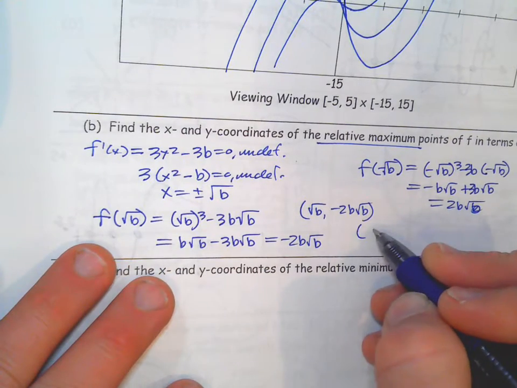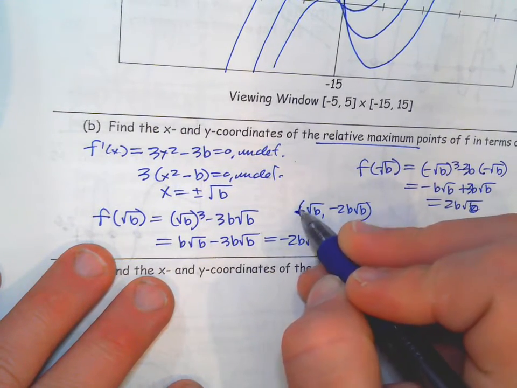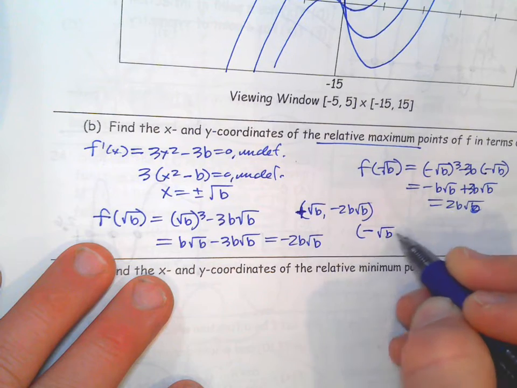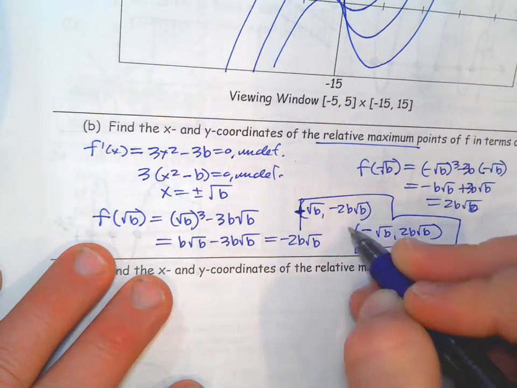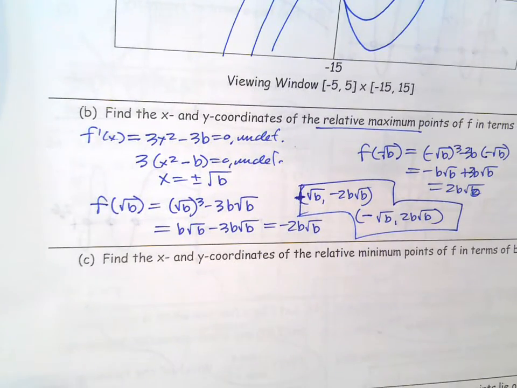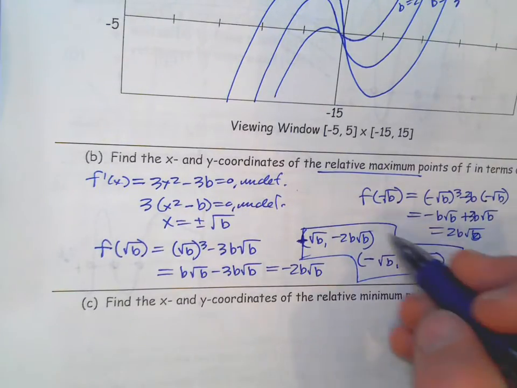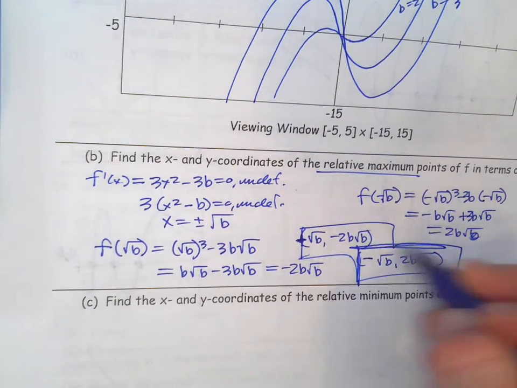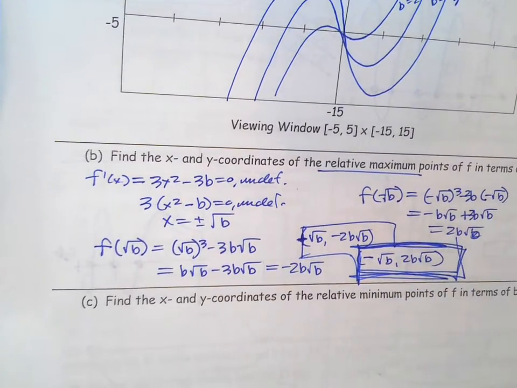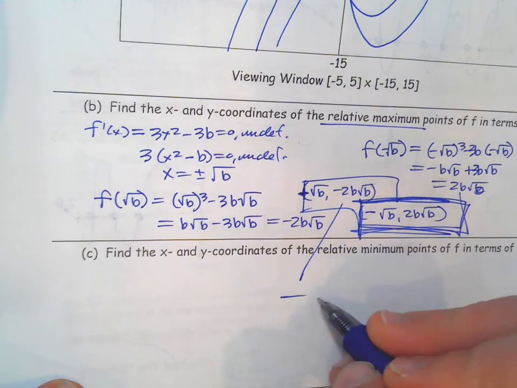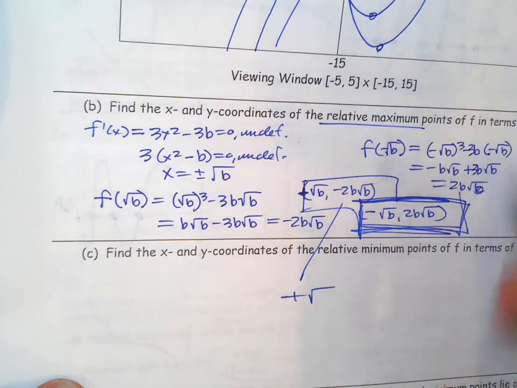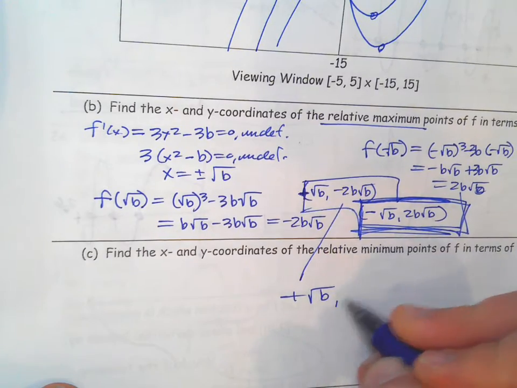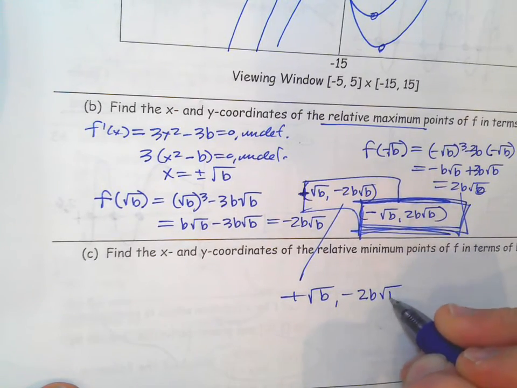So the other one is negative root b, positive 2b root b. So those are relative maxes and mins. Oh, relative maximums. It's got to be the negative one for sure, right? And the relative mins, that's this one. Relative mins are definitely happening on the positive side, and their y values are definitely negative based off the graph.